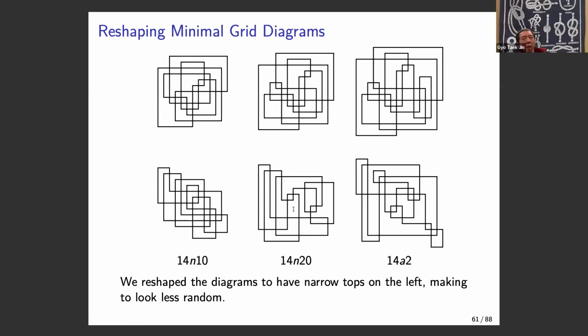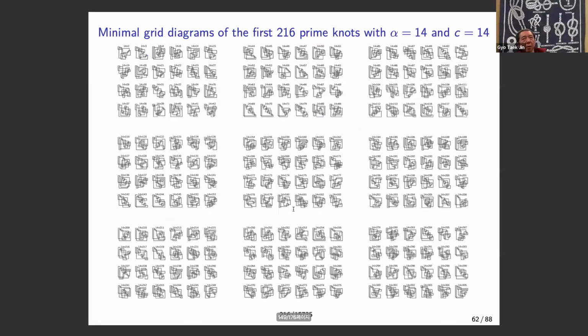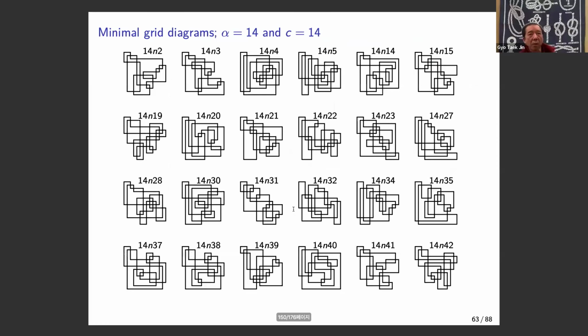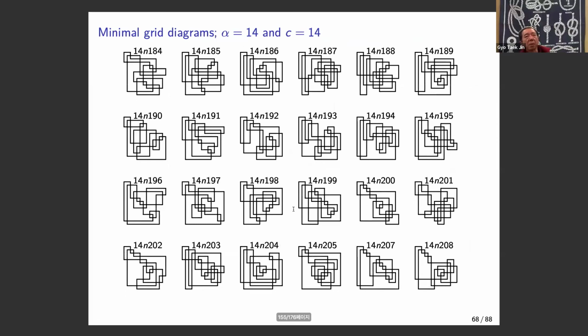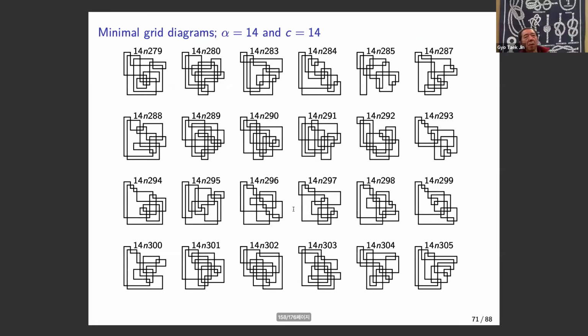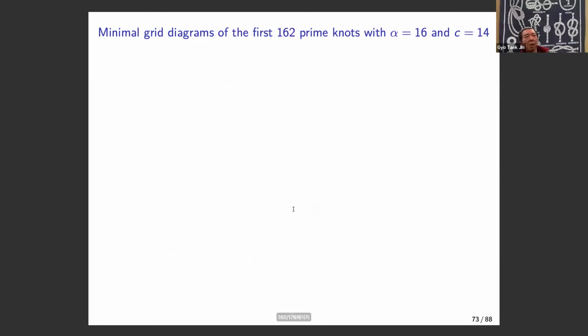And then you change the shapes. And then here you have the first 216 for arc index 14 and crossing number 14. So here you have bigger diagrams.